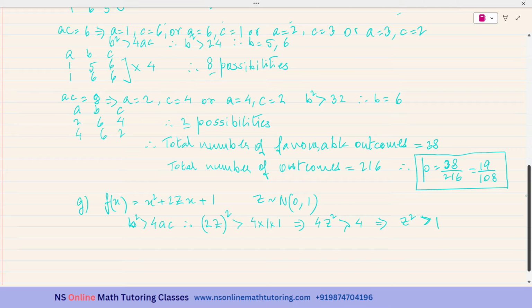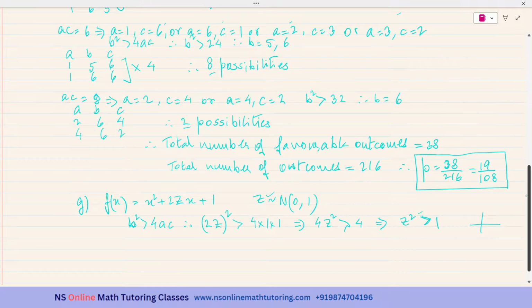So z square is greater than 1. You don't have to think about this as the standardized normal distribution variable right at this moment. You can take it as x square is greater than 1. Okay. And this is paper 3, so you can use the calculator.